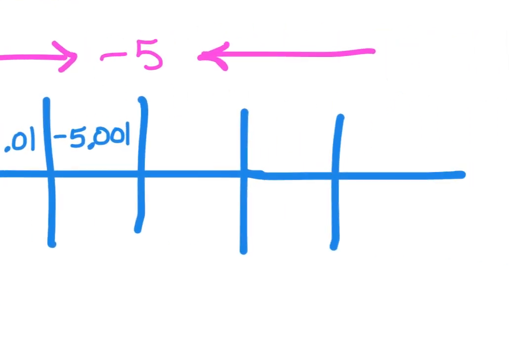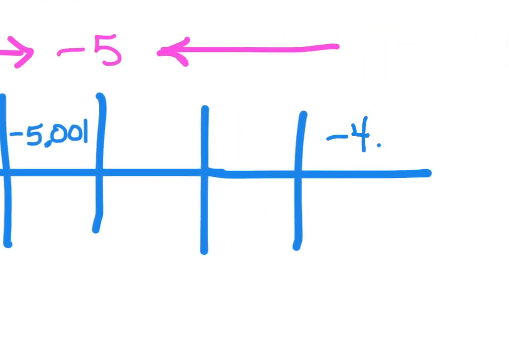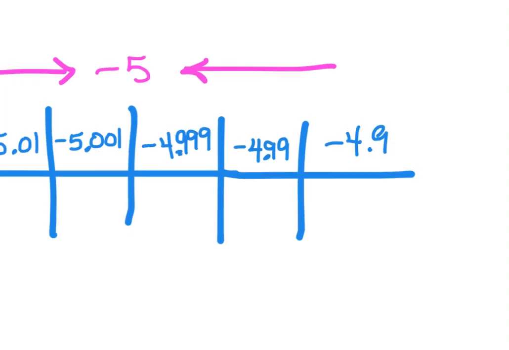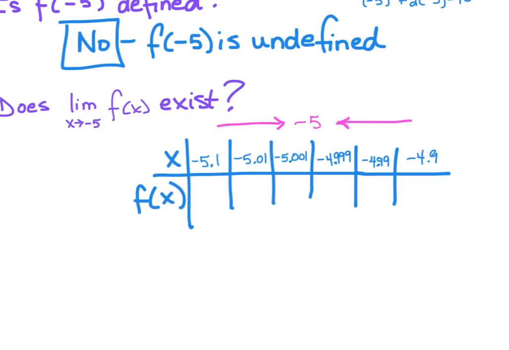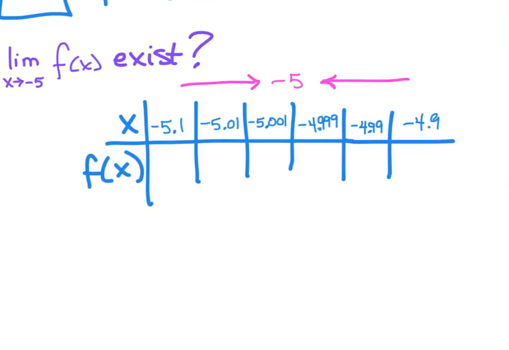And then from the right, it's going to be -4.9, -4.99, and -4.999. And then go ahead and pause the video and fill in the y values on this table.